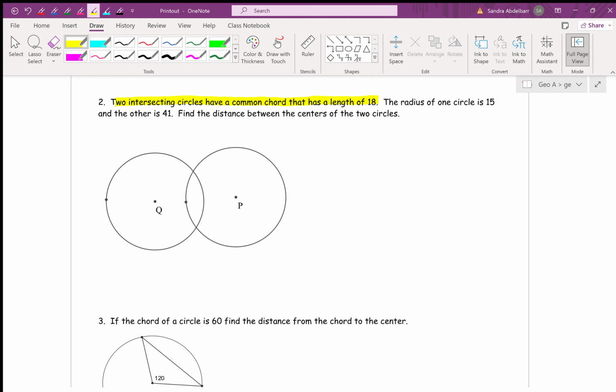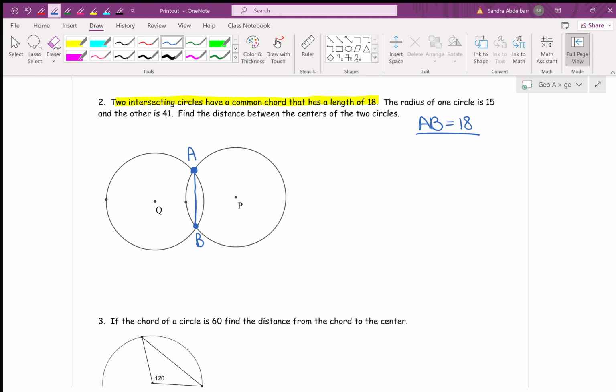You're going to draw that common chord in the intersection of the two circles. So I'm going to call this common chord AB. So here's A, here's B, and I'm going to write over here to the side that AB equals 18.